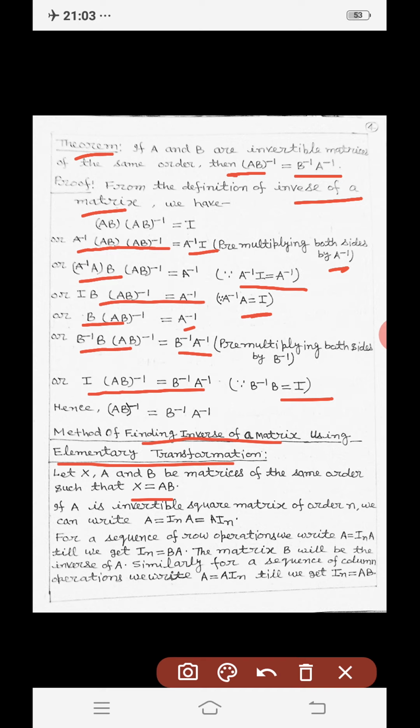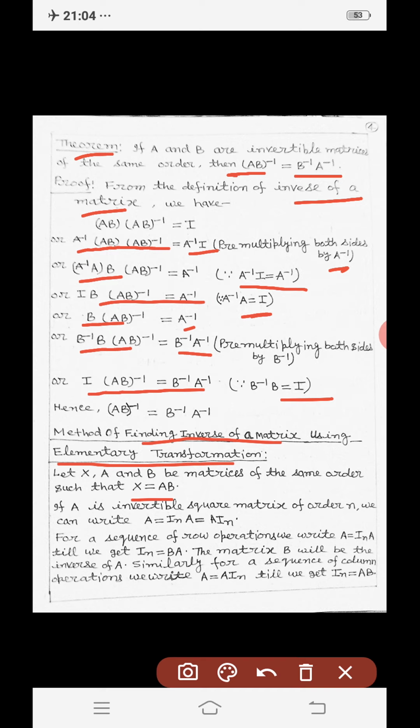In order to apply a sequence of elementary row operations on the matrix equation X is equal to AB, we will apply these row operations simultaneously on X and on the first matrix A of the product AB on the RHS. Similarly, in order to apply a sequence of elementary column operations on the matrix equation X is equal to AB, we will apply these operations simultaneously on X and on the second matrix B of the product AB on the RHS.